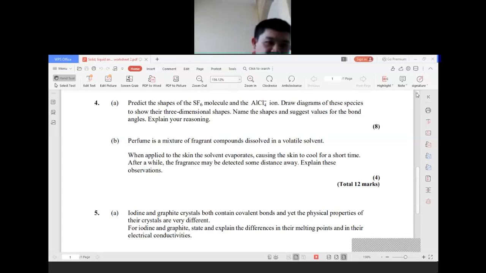There is a fragrance that may be detected some distance away. What is the name of the process?